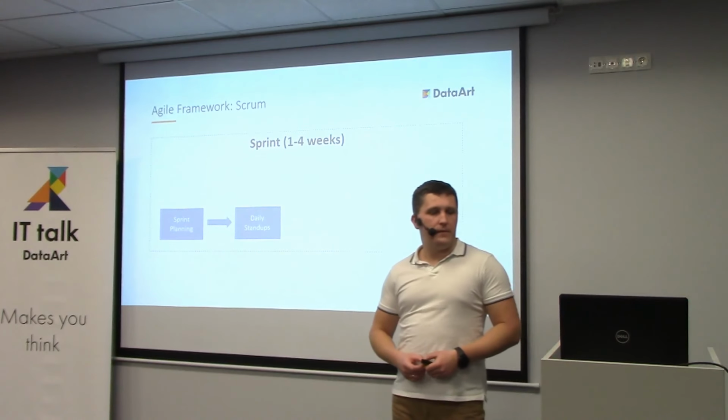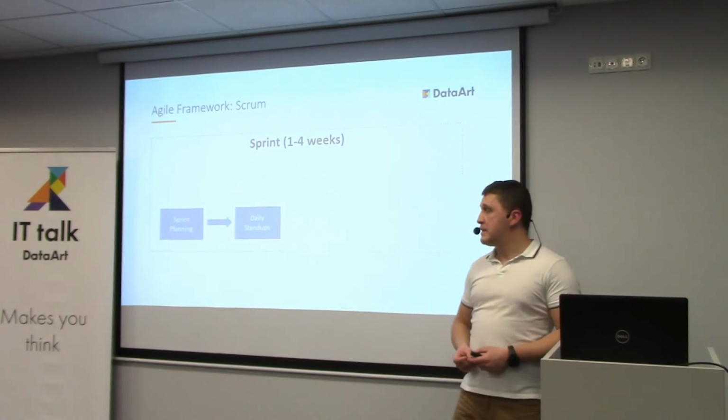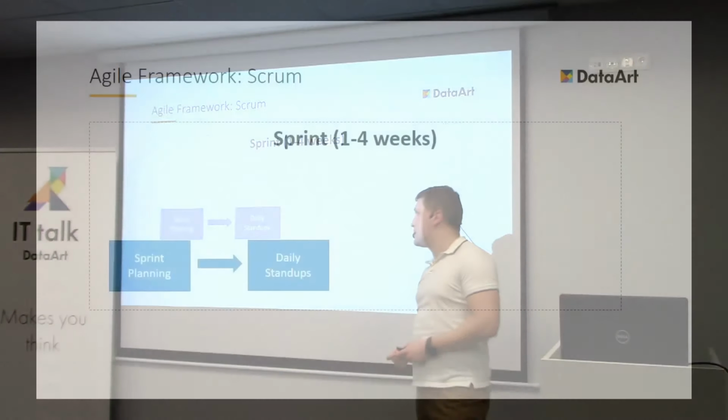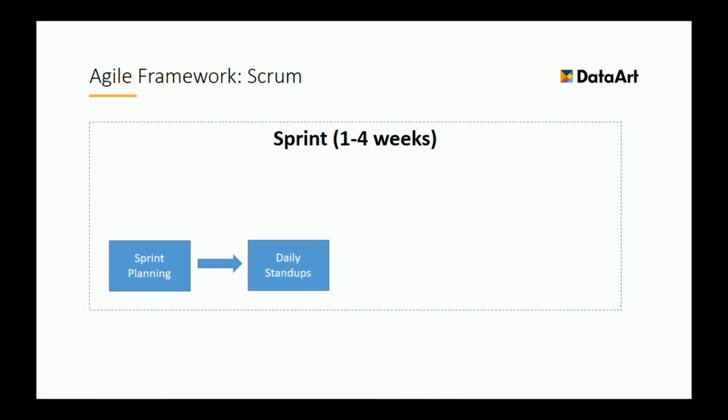Every day we have meetings, which are called stand-ups. Obviously they are not performed standing up because most teams are located in different offices, but the idea is that these are 15 minute daily meetings where we quickly sync on the status of where we stand in terms of progress.